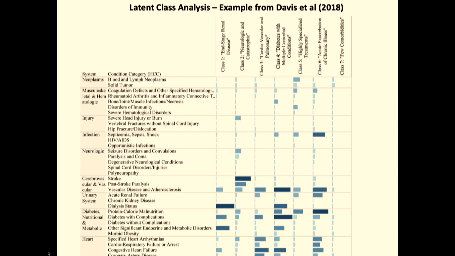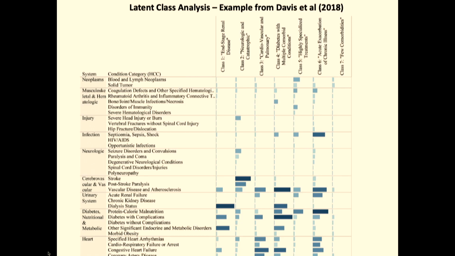This is a study that used a data set from California, Kaiser Permanente, a set of patients who were very complex. It applied latent class analysis, and this is the output. It creates 7 different clusters or classes. It also tells you for each disease, these rows here are names of diseases.